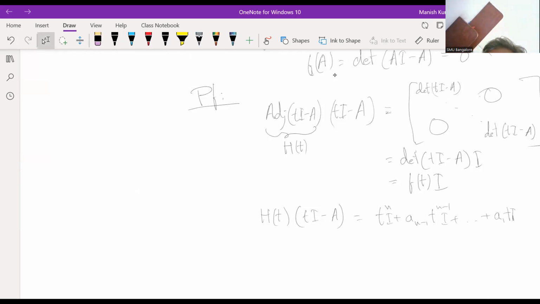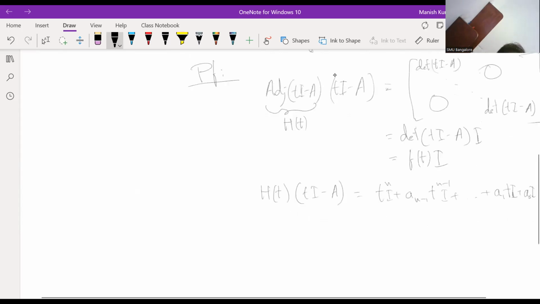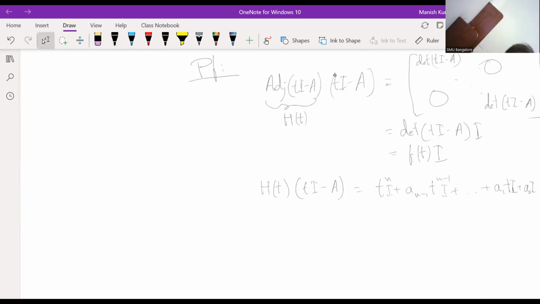So this is what the right hand side looks like, and the left hand side is this. Again, the left hand side you can think of as a polynomial in t with coefficients in matrices.